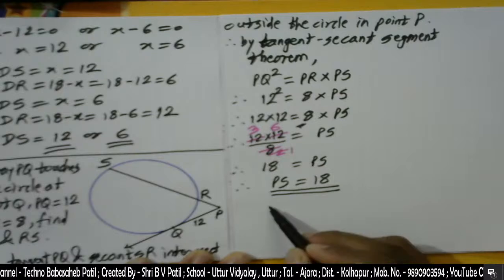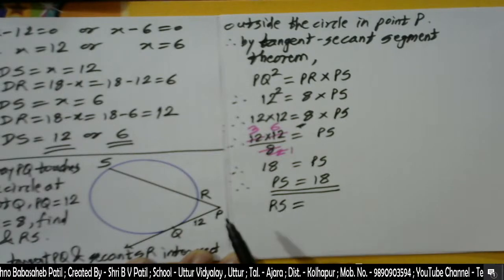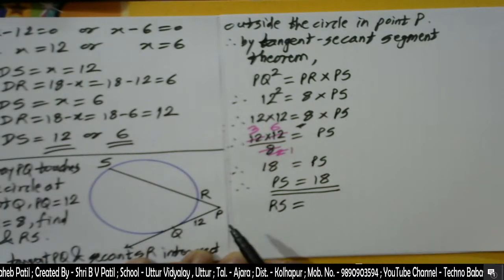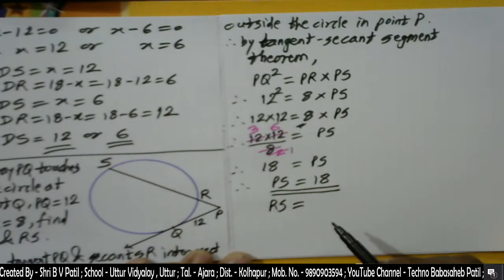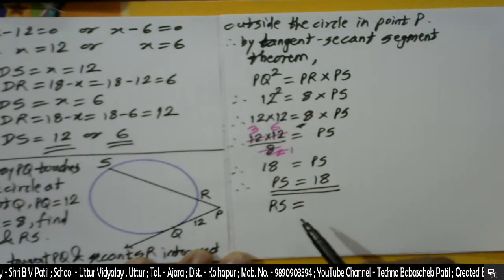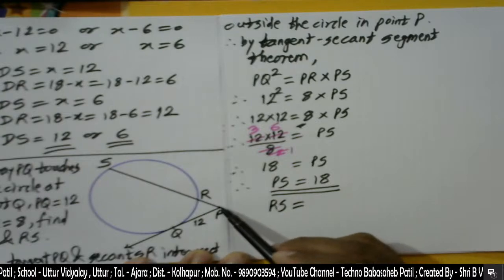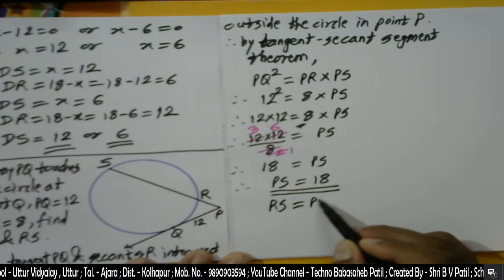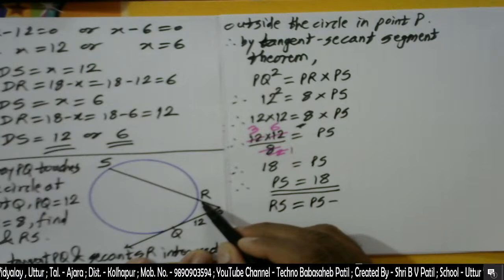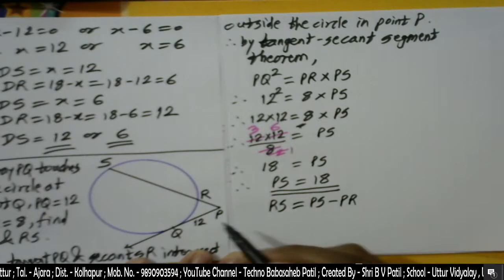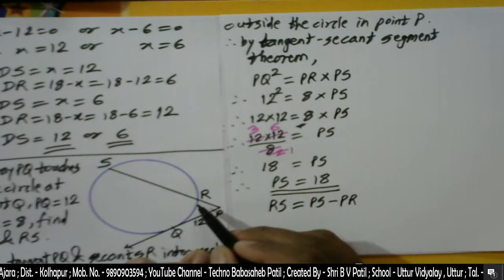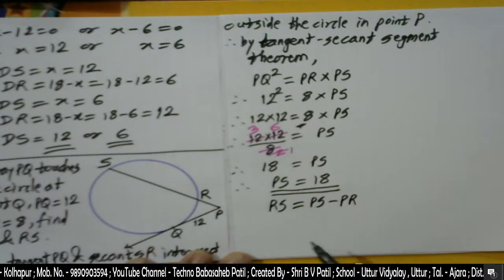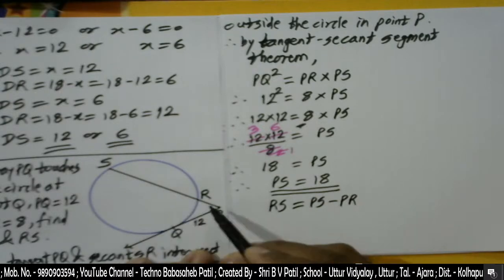Another question is RS. RS is equal to, what is the formula? The total length PS we know here, minus that. PS contains two parts.